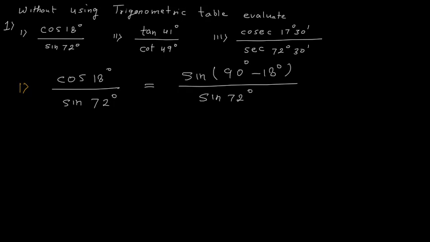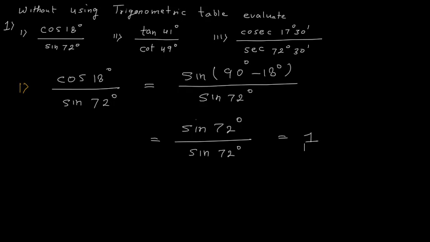So now ratios are same. Now let us check what is numerator. So sin 90 degree minus 18 degree will give me 72 degree, and here in denominator also I have sin of 72 degree. So as numerator and denominator are same, we have this ratio as 1.